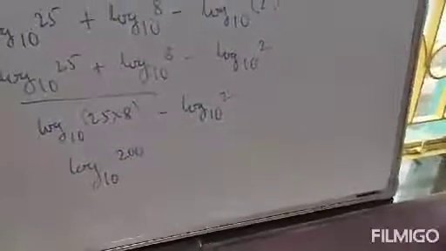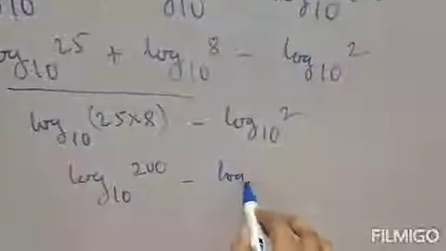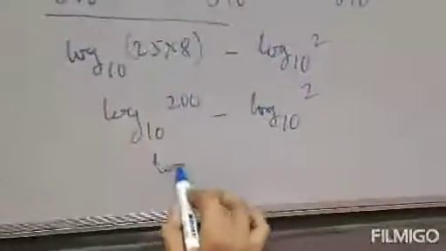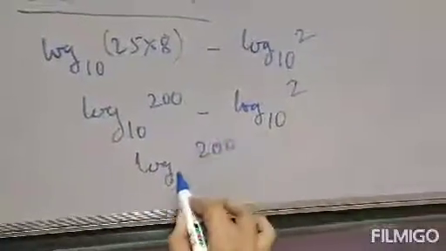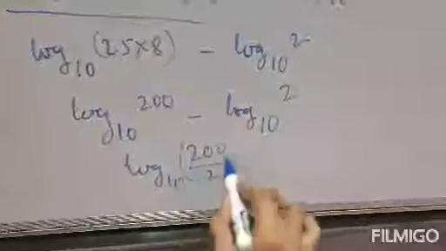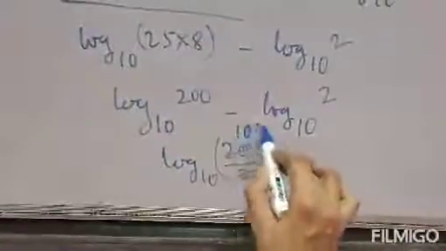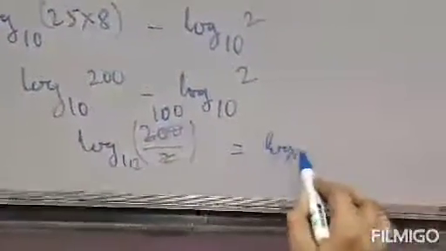Clear? Minus log base 10 of 2. Then apply minus, that means it will divide, powers will divide, log base 10 of 200 by 2. Minus means the powers will divide, that is 200 by 2, that means 100. So log base 10 of 100.